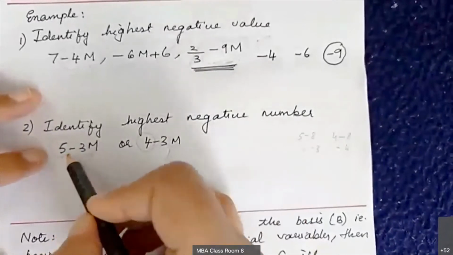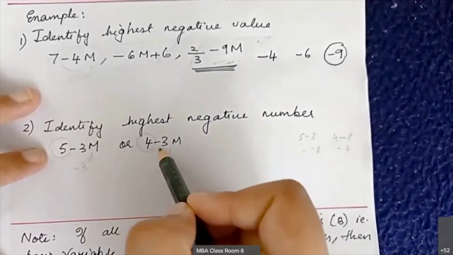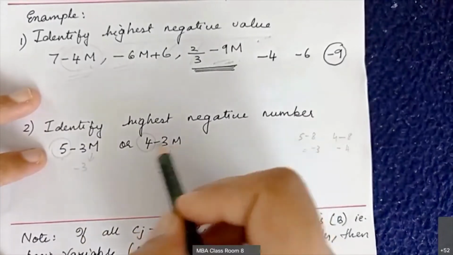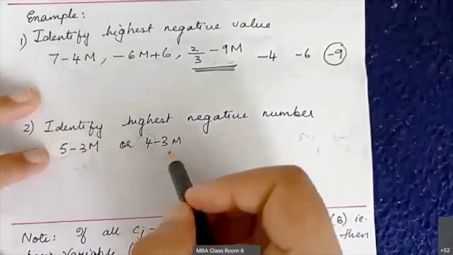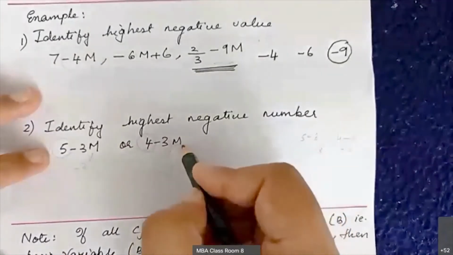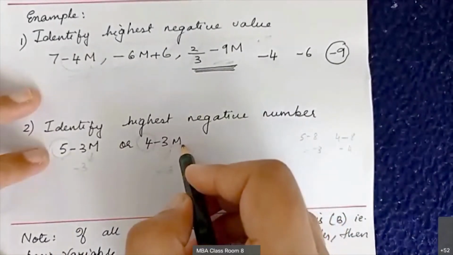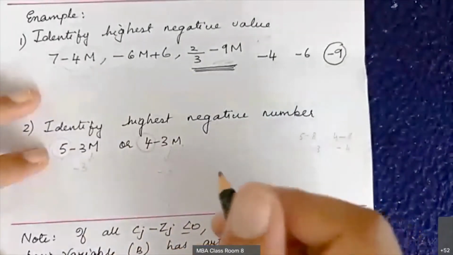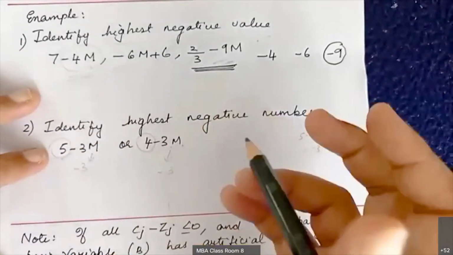Here we have 5 minus 3m. Here we have 4 minus 3m. Now what you need to know is, 5 minus 3m or 4 minus 3m, which will be the highest negative number? If you have a doubt, just substitute some value.